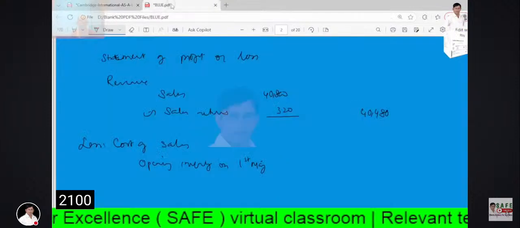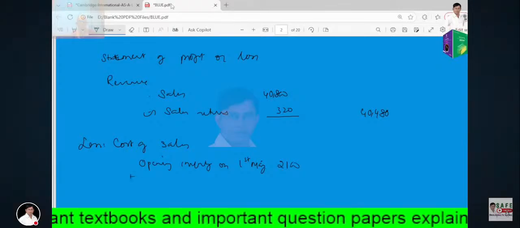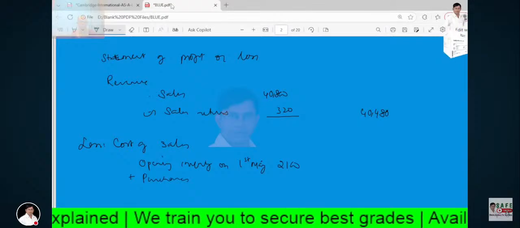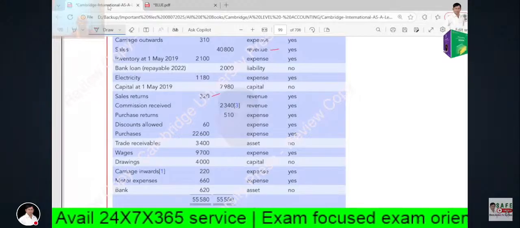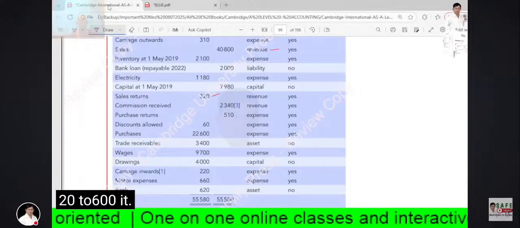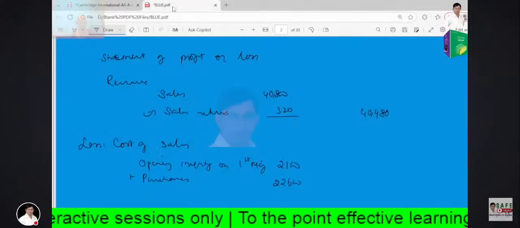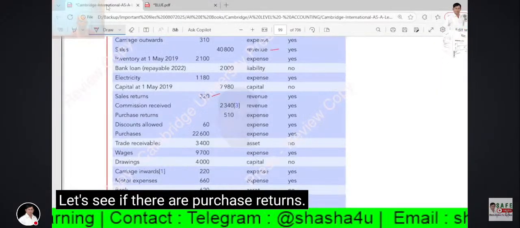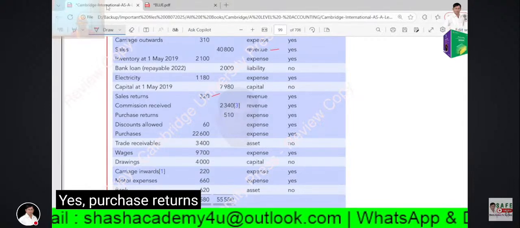Given number, purchases, then we receive the purchase returns.